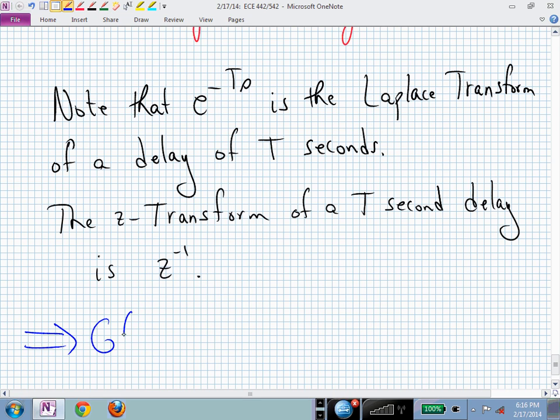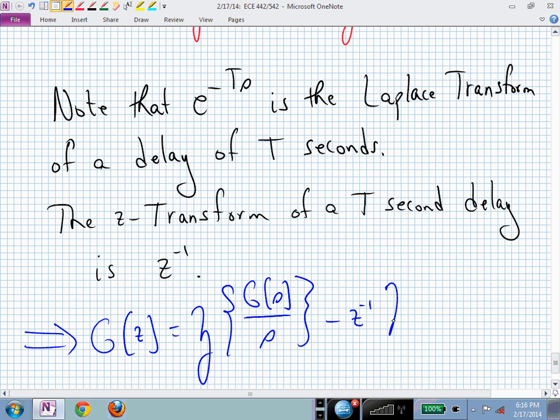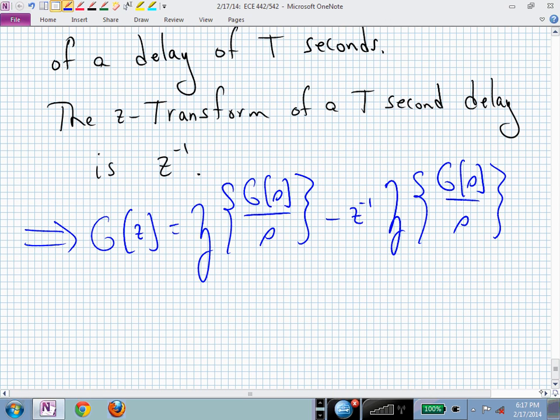z is going to be the z transform of G of s over s minus z to the minus 1 G of s over s. Oh, this is looking better. Now we have just one thing to transform, G of s over s.